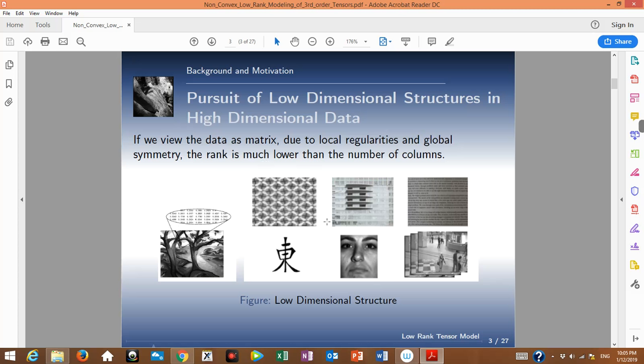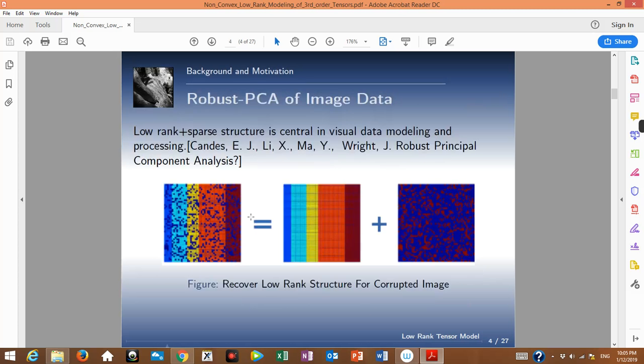In our research, it is very useful to recover the low rank structure of an image. Why is this very important? For example, this is a corrupted image, and we want to recover the low rank background.